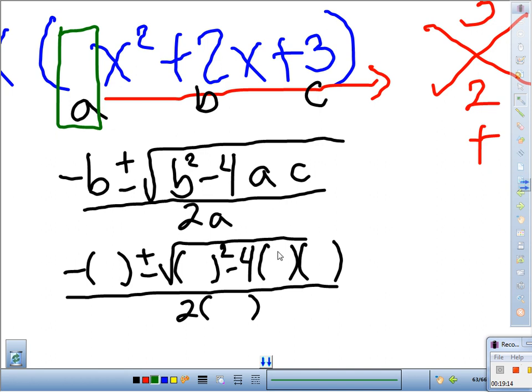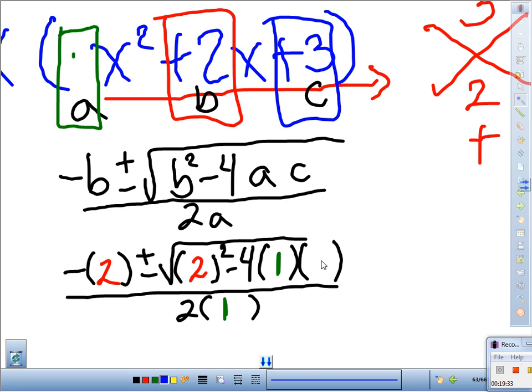So therefore I label 1 there and 1 there. What is B? 2. So that goes right there and right there. And of course the last part is C, which is right. Does everybody see what I did?